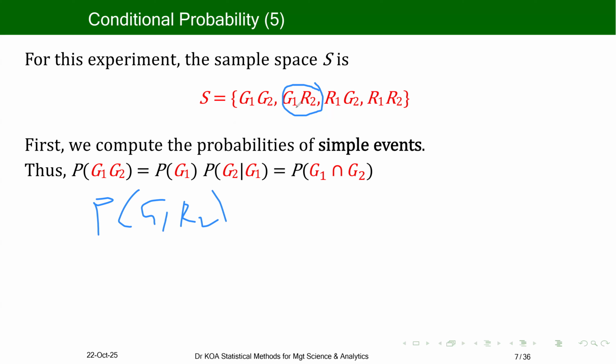Which happens to be the same as the probability of G1 intersection R2. What would that be? Albert, let me ask you that. So it will be G1 given G. Take your time and write it up first.